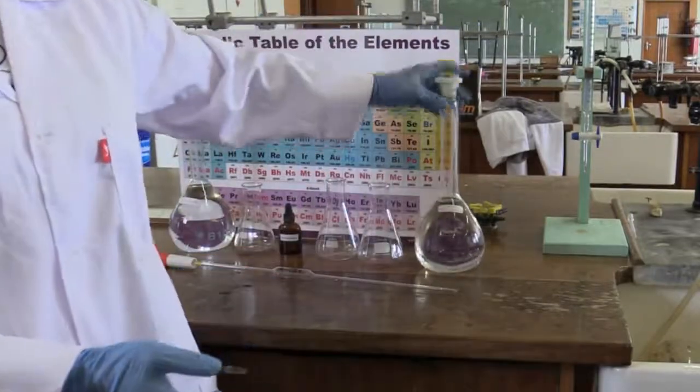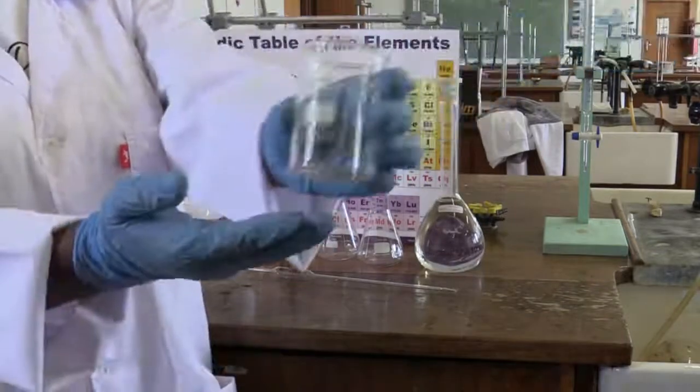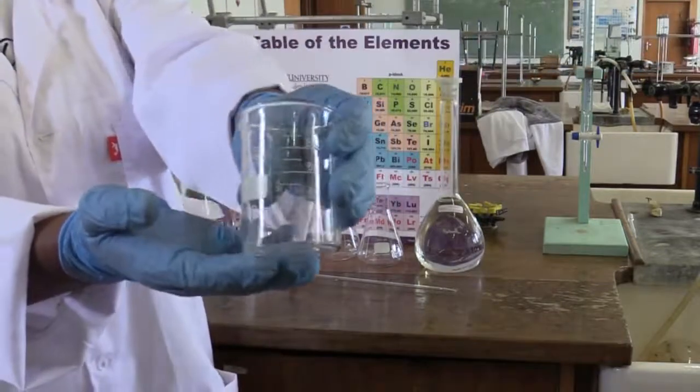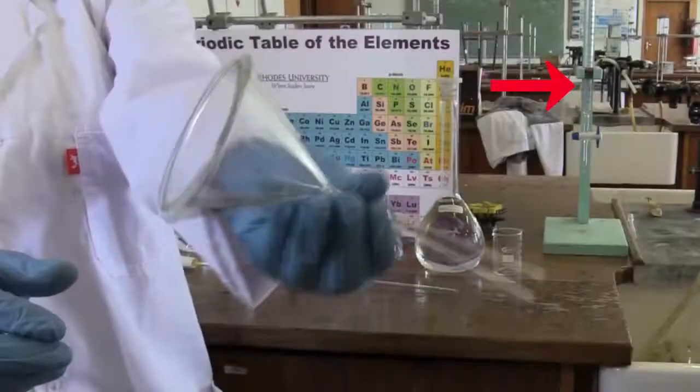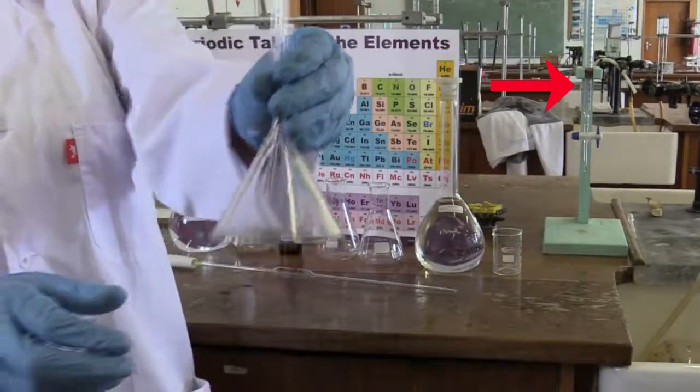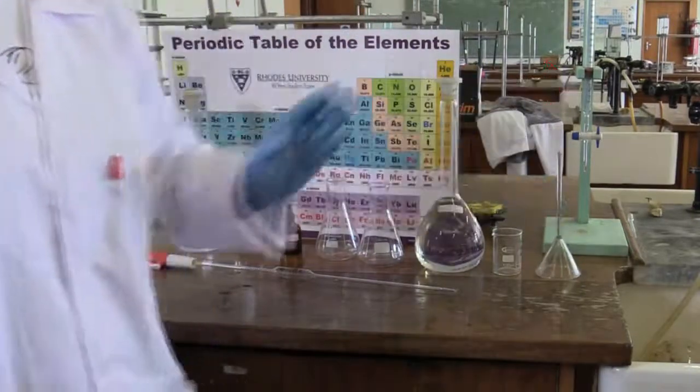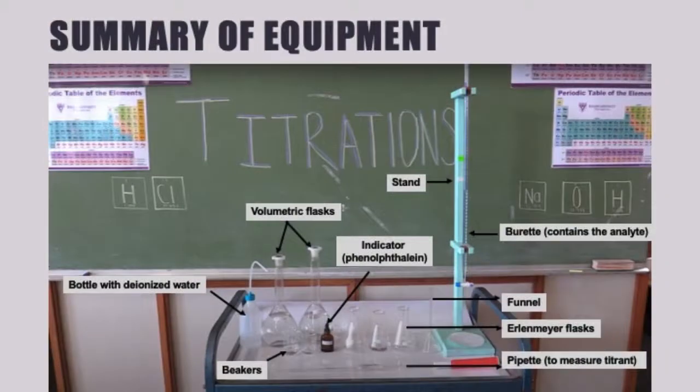The solution can be decanted into a beaker, so it can be poured into the burette with the help of a funnel. The burette allows for us to assess the volume of the analyte that is reacting. Here is a summary of the equipment needed. And now onto the experiment.